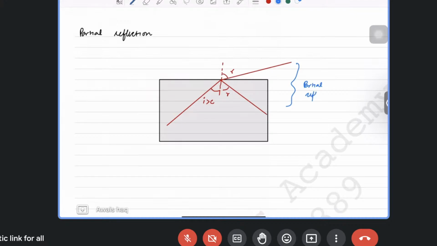partial reflection, and partial reflection means that not all of the rays totally internally reflect. Some may refract.